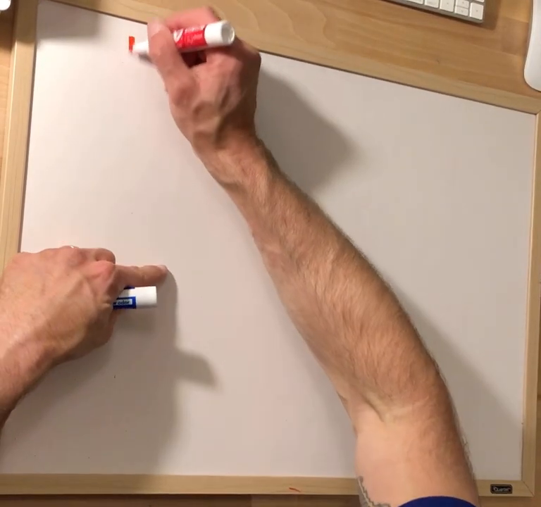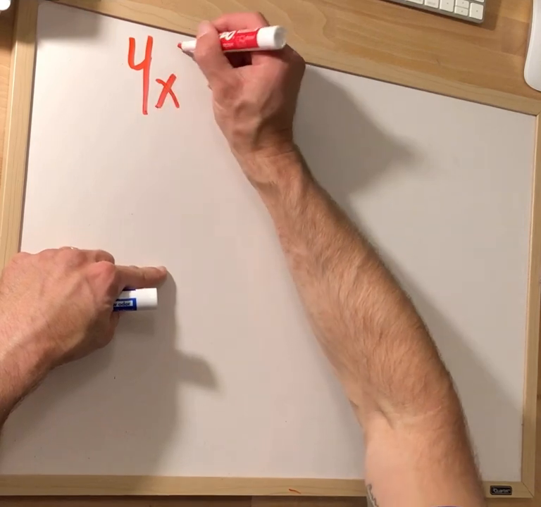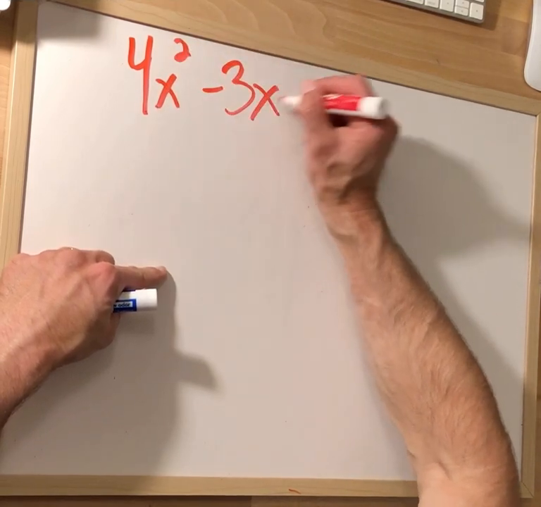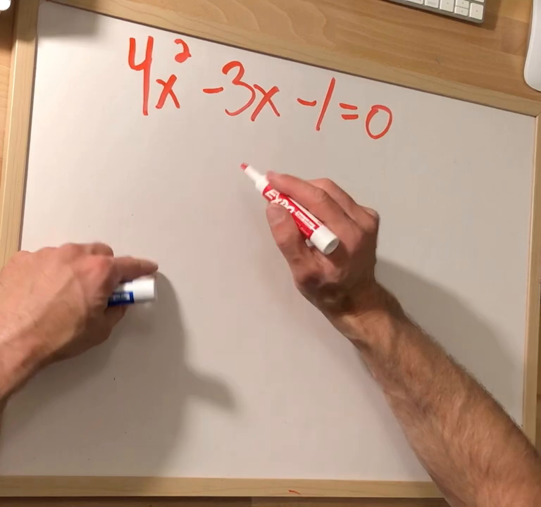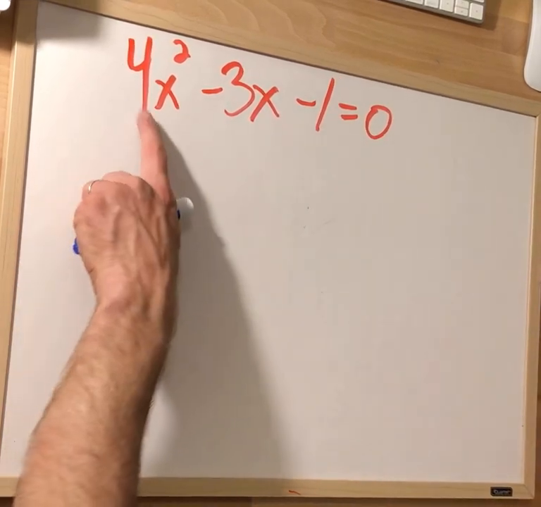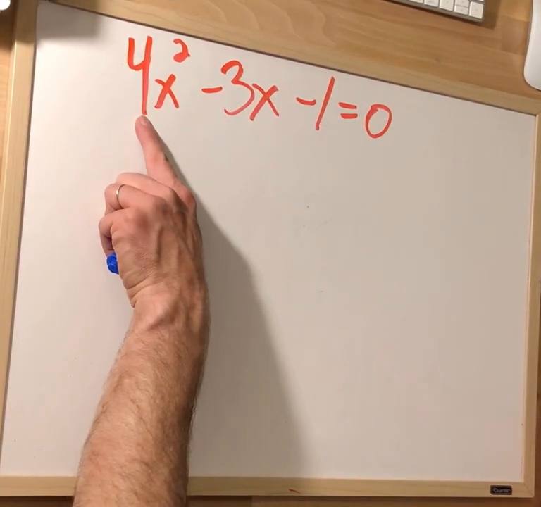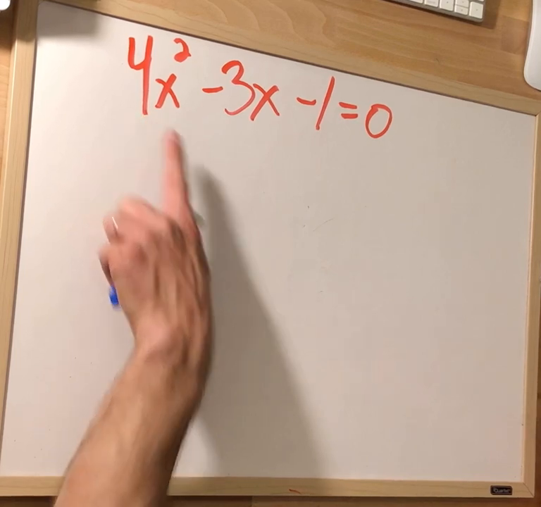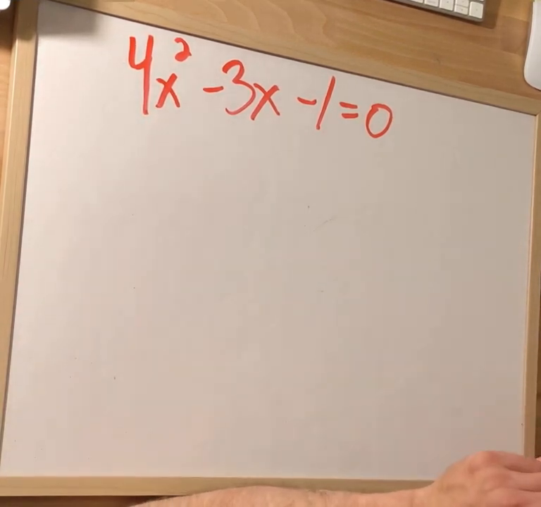It wasn't 1, so we would use a quadratic formula. Before I get started, I'm going to rewrite this one up here: 4x squared minus 3x minus 1 equals 0. I can't factor it, and my a doesn't equal 1, so that's the indication that you use a quadratic formula.